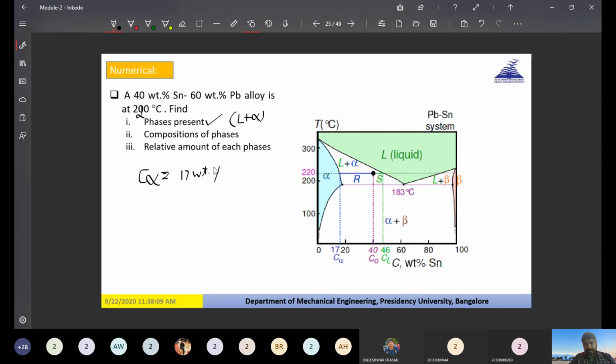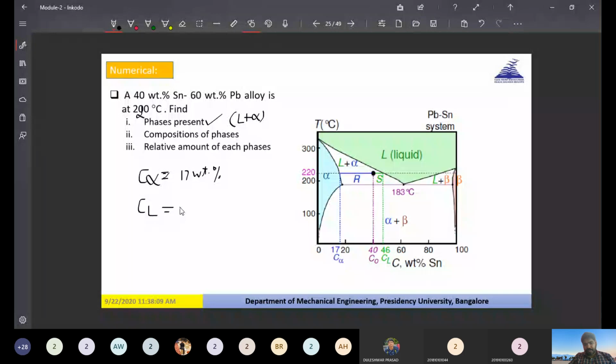Now if you want to find the composition of liquid, you have to see where this line, which is nothing but the tie line, cuts the liquidus line. If you remember, a tie line is nothing but an isotherm. So this tie line cuts the liquidus line at this point, and when you move downward, you get 46.